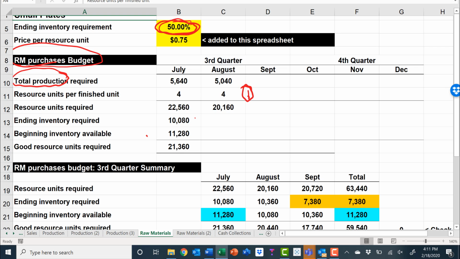Number 2, they've got to apply this ending inventory requirement to the amount of material or whatever resource they're buying instead of the amount of production. Correct. And then what else might come back and get them? If they are not given the beginning inventory at the beginning of whatever quarter they're using, that tends to just freak students out a little bit.